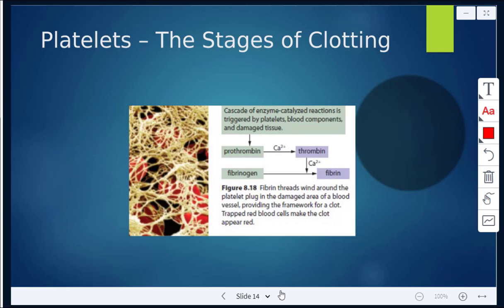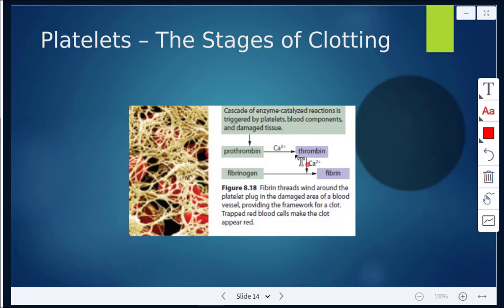All right, so here's just a diagram showing the stages of clotting. If there's a cut or damaged tissue, these reactions get triggered by the platelets, the blood components, and the damaged tissue. Prothrombin, in the presence of calcium, produces thrombin.